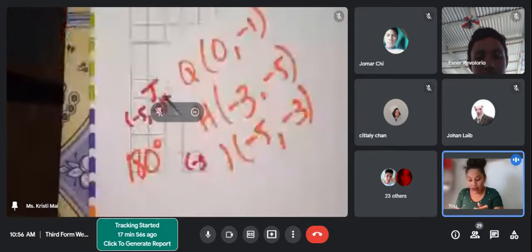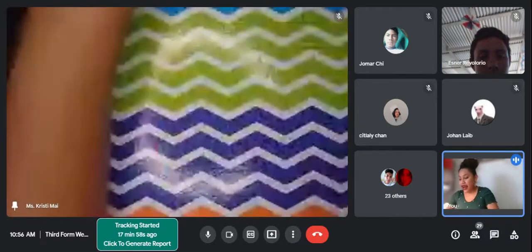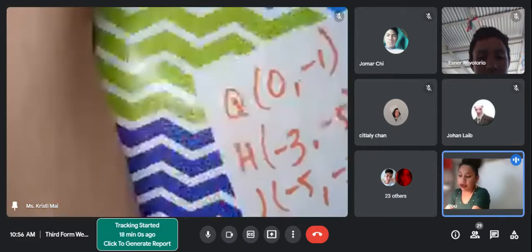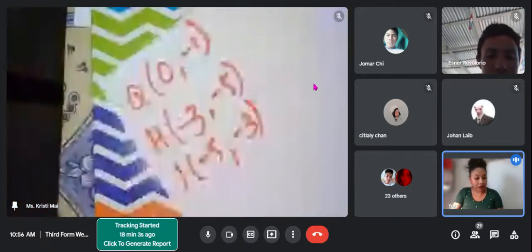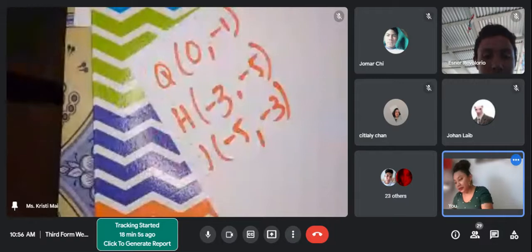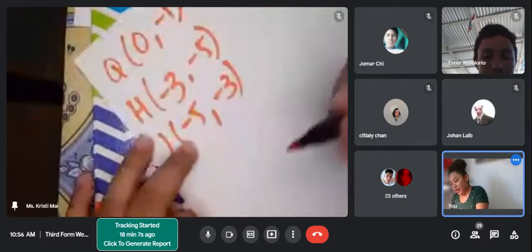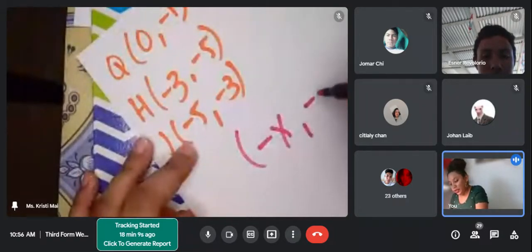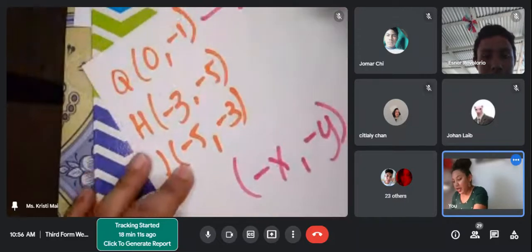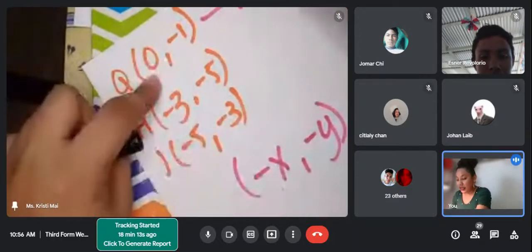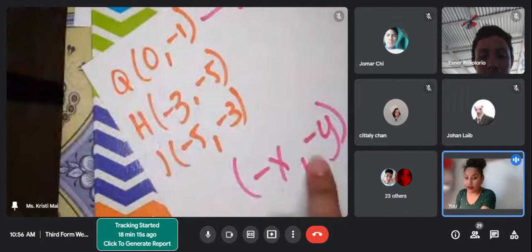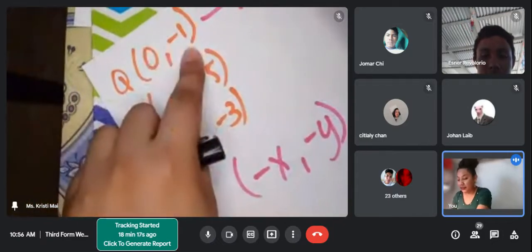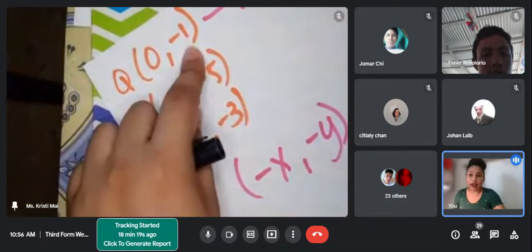So what does that mean? If I have 0, -1, then my new point is -x, -y. So I'm going to have 0, negative, that is still 0. And then I have negative, -1, that gives me +1, right?